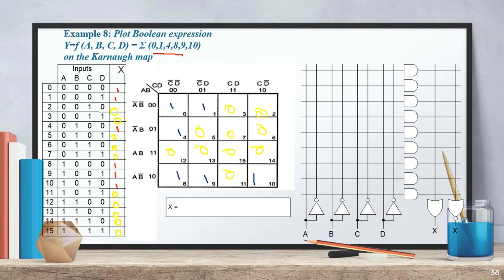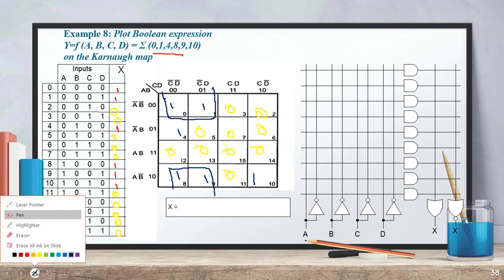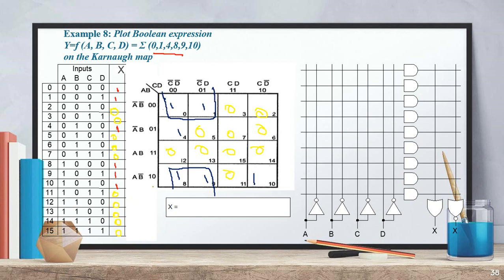So how to do the grouping here? This one we can make with the below portion, that is these ones. So we can easily make this 4 portion. Once you have done the 4 portion, let's check if there are any other possibilities.